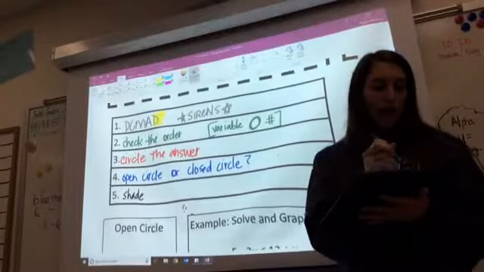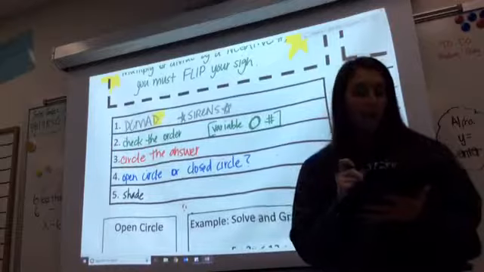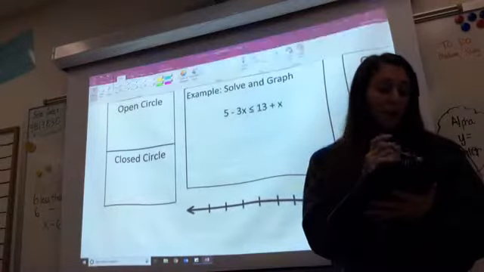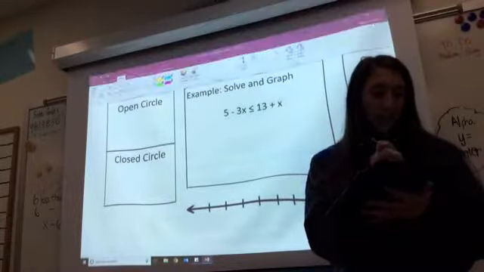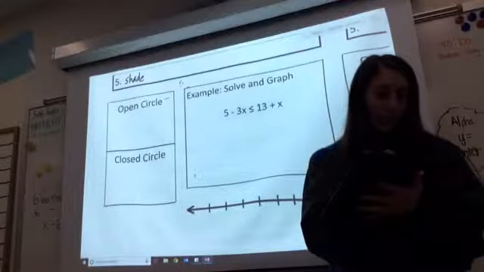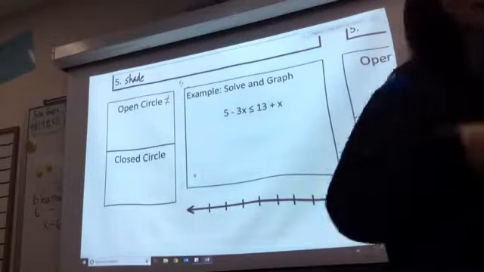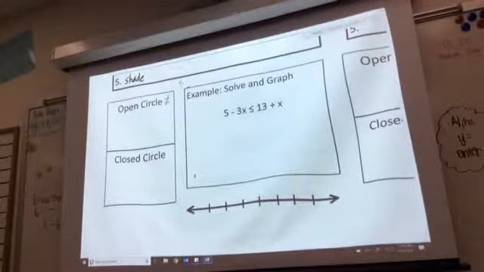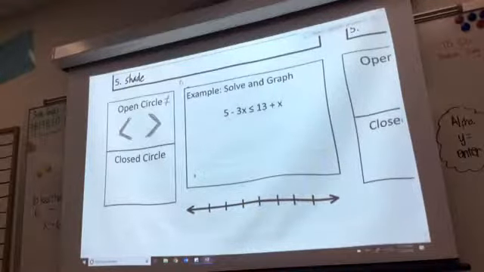So let's do some review from last year. An open circle is going to mean a sign that does not equal. It cannot be equal to that number. So what would my two inequality signs be that don't equal something? Less than, which points to the left, and greater than, which points to the right.